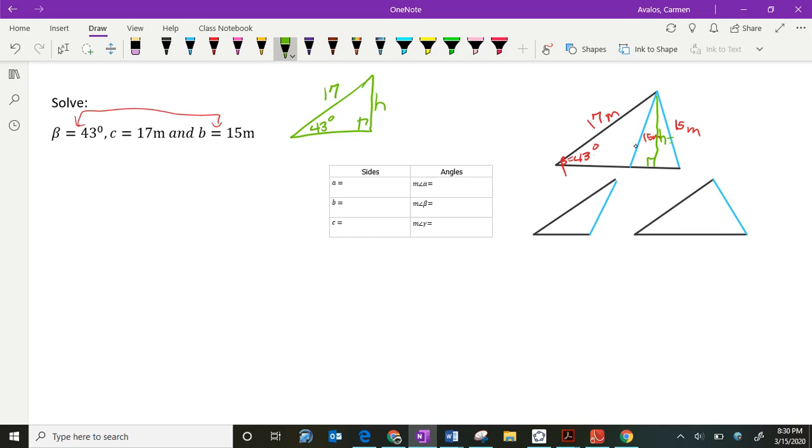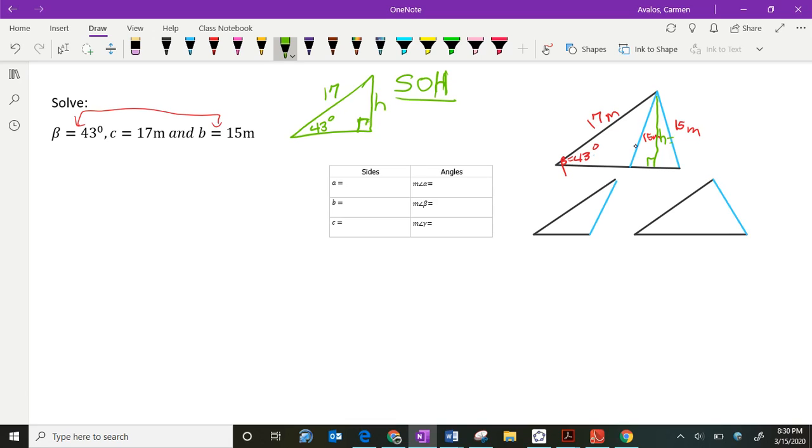So if I want to know what h is, and it's a right triangle, SOHCAHTOA comes into play. So it's going to be opposite over hypotenuse. This h and that h is not the same, so I'm going to just capitalize it.